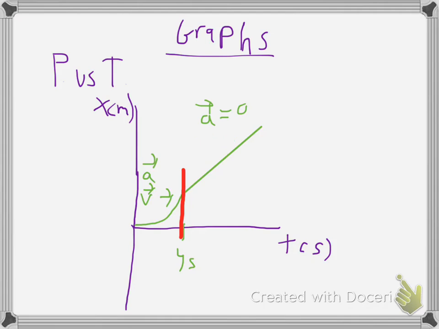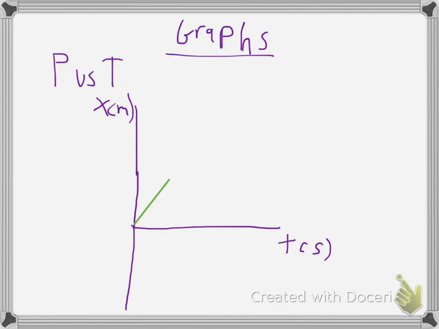Okay, let's do another conceptual example. Remember, the slope is your friend here. So it's moving right at a constant velocity.